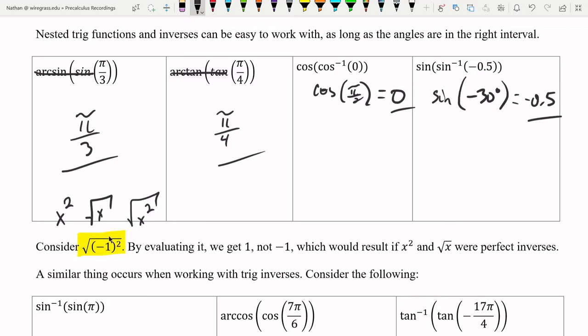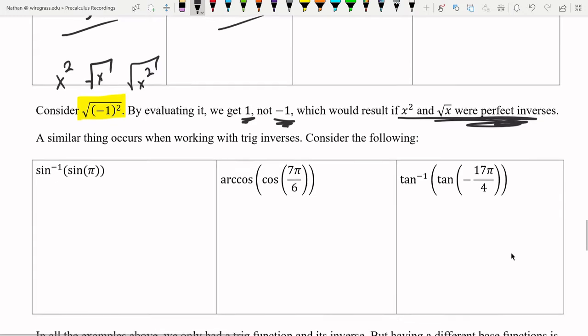If I plug in -1 for x, I get -1 squared is 1, and the square root of 1 is 1, not -1. Once again, that's because these are not perfect inverses.